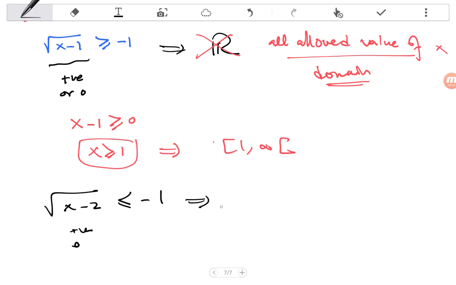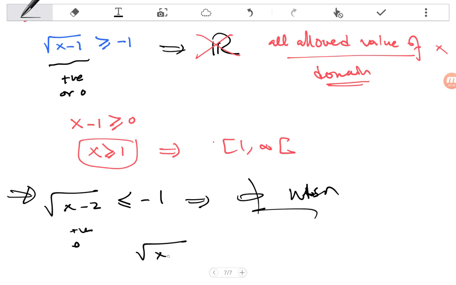Ever? That will never happen. So what is the solution? No solution for this. A positive or a 0 value could never be less than a negative value. So that statement could never happen. We say that there is no solution for this inequality.